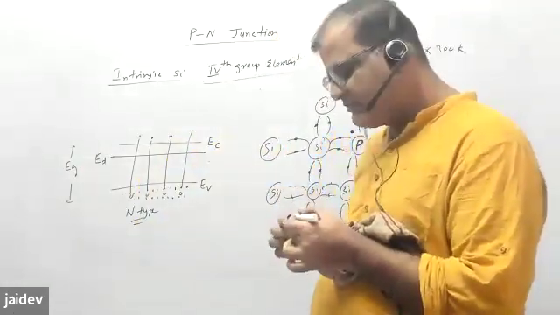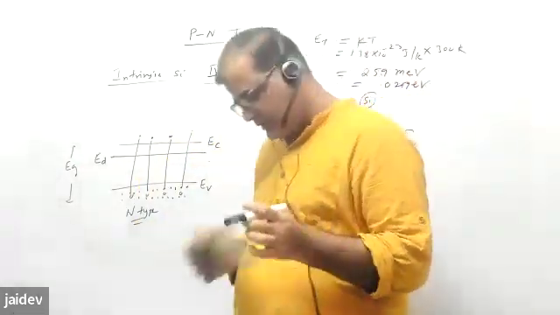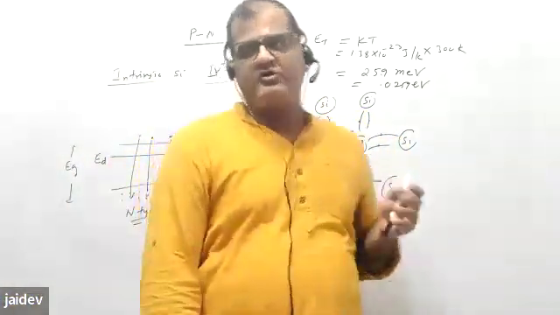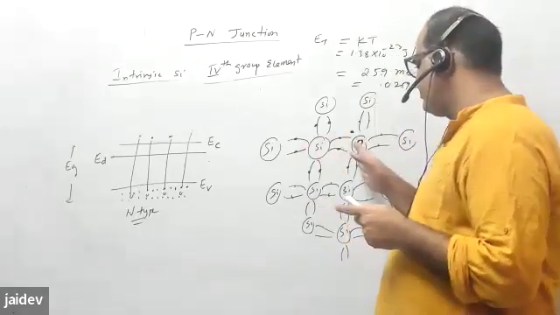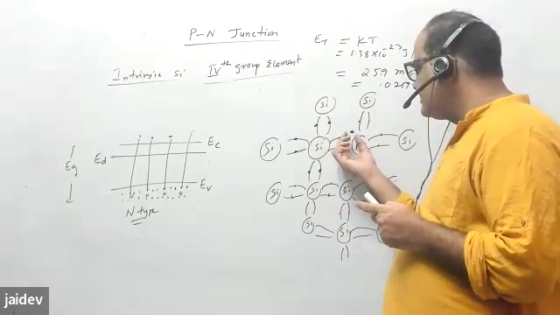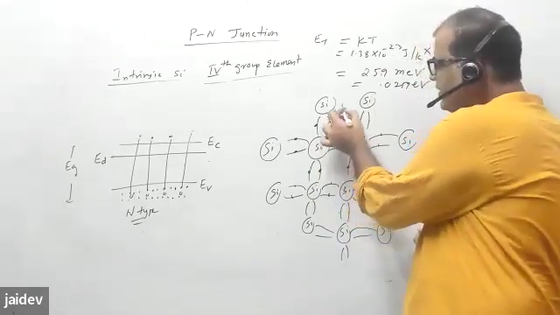Now what does impurity level mean? Whenever you dope this P here, now if I give some energy, this electron will become free.